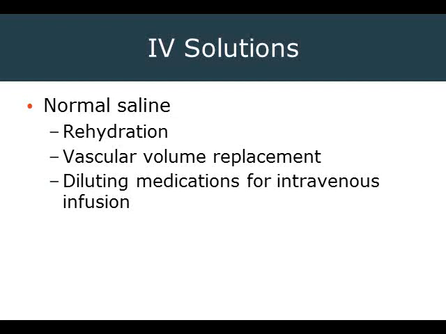So it replaces the missing electrolytes of sodium and chloride, and it has the water to replace the plasma and the volume. It will temporarily expand that vascular volume, so it goes in there and it fills up the space. Eventually it is dissolved and pulled away, but it stays there for a significant amount of time.